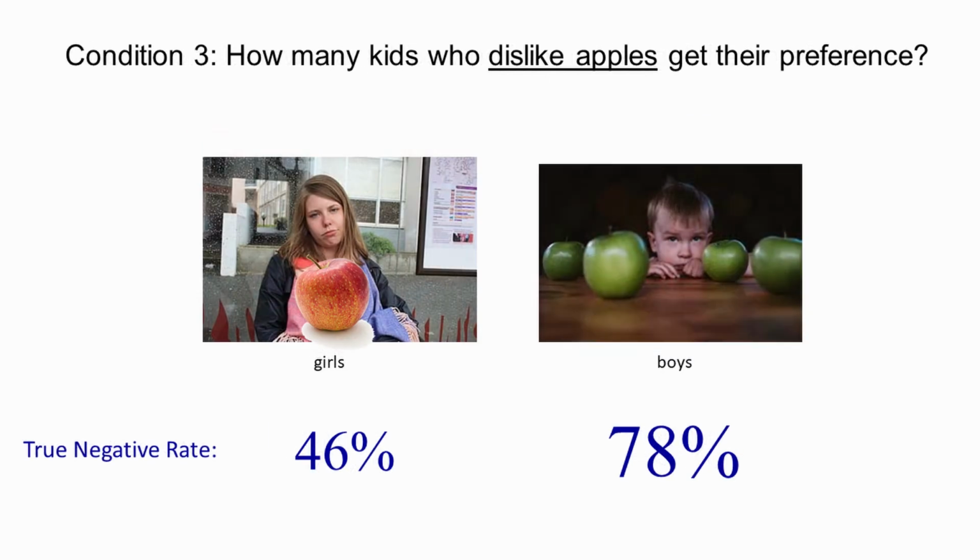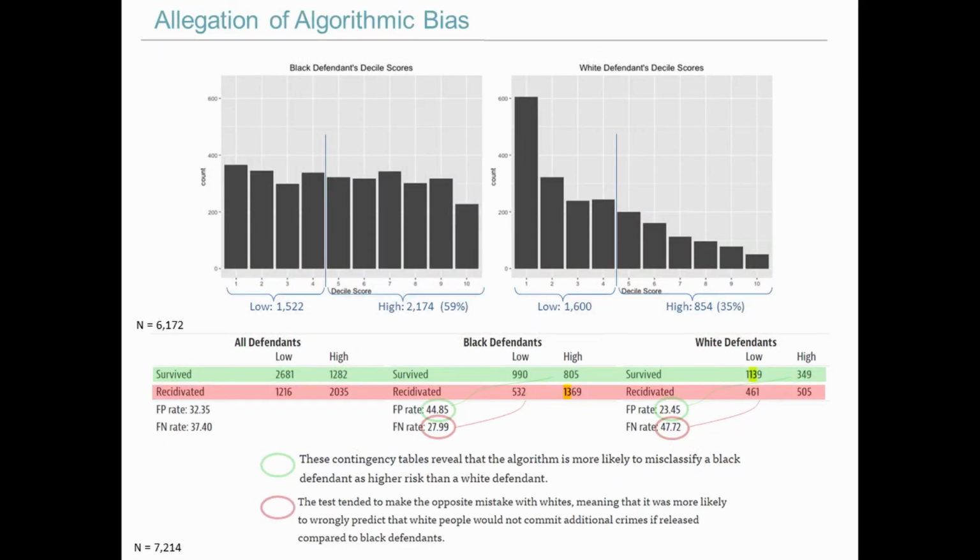But if you don't care for apples, you could say that boys are advantaged because boys who don't want apples get their preference with a true negative rate of 78%, while girls who don't want apples get their preference only 46% of the time.